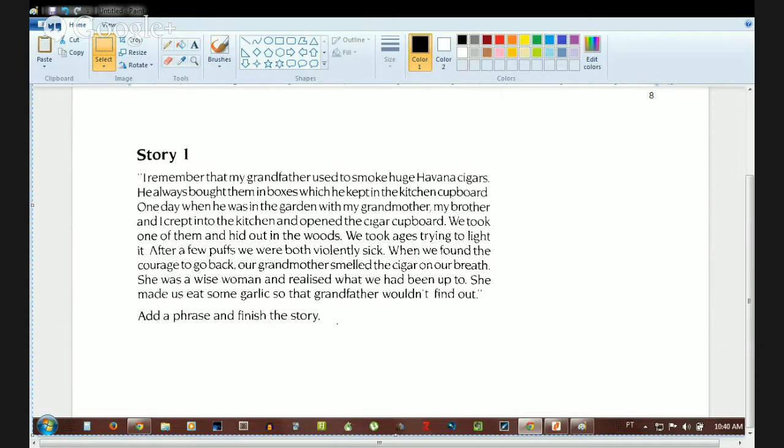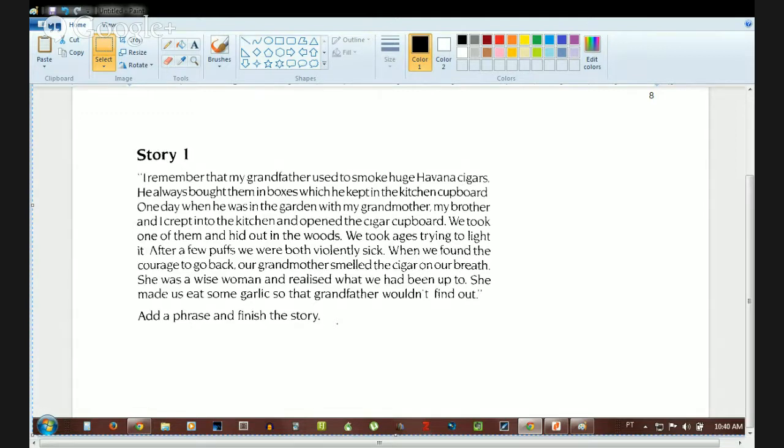I remember that my grandfather used to smoke Havana cigars. Huge Havana cigars. He always bought them in boxes which he kept in the kitchen cupboard.